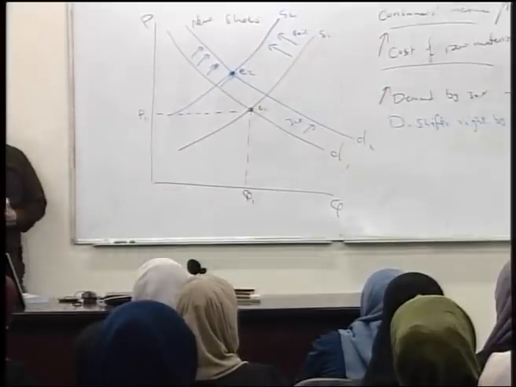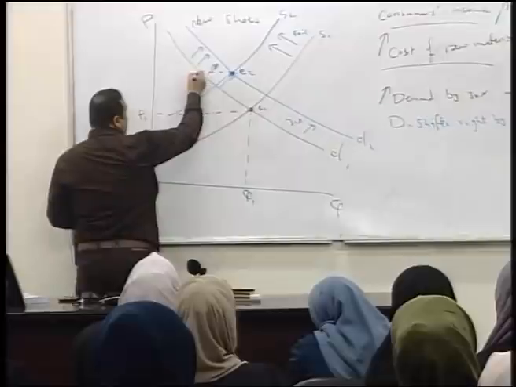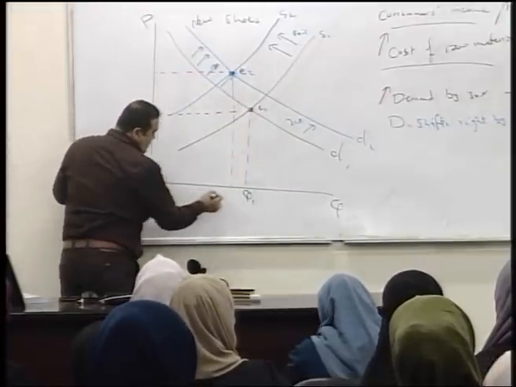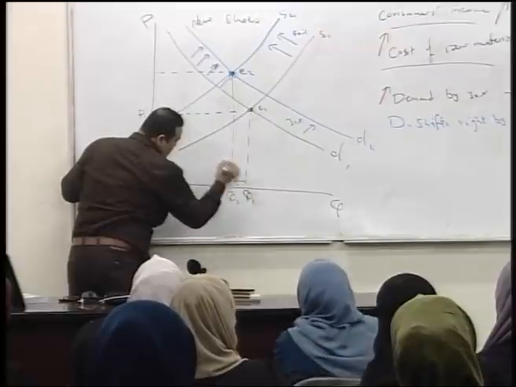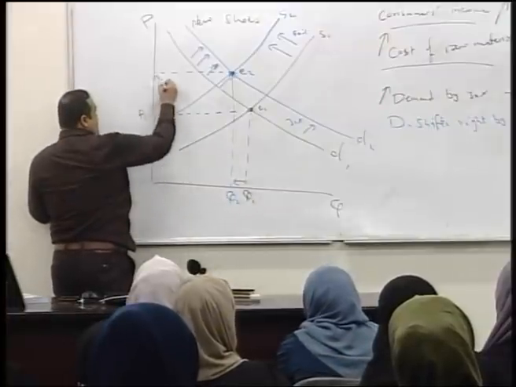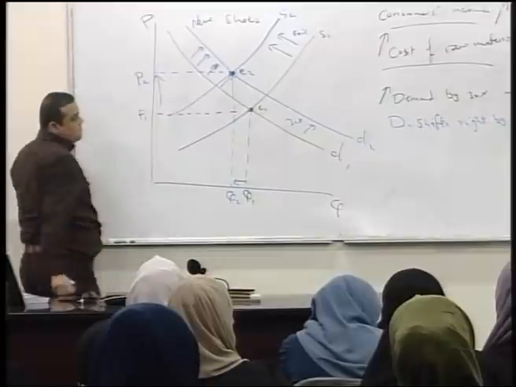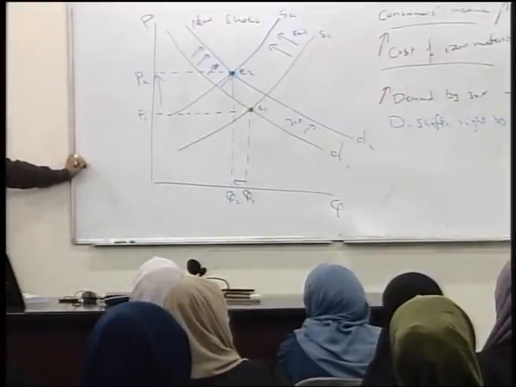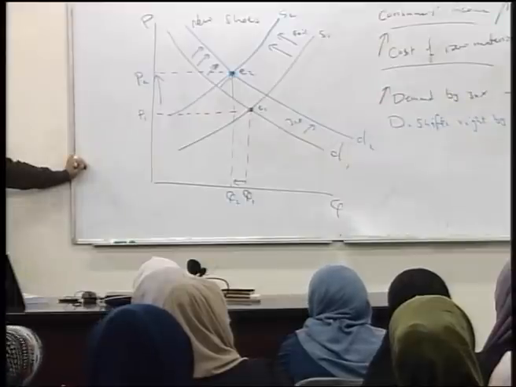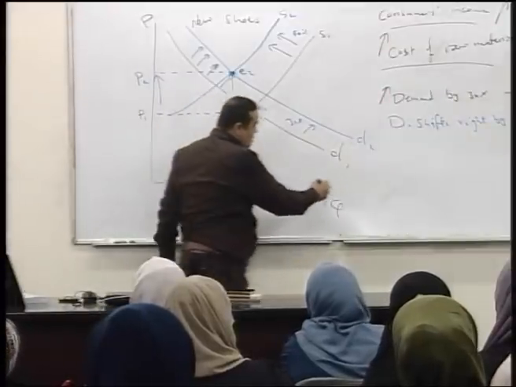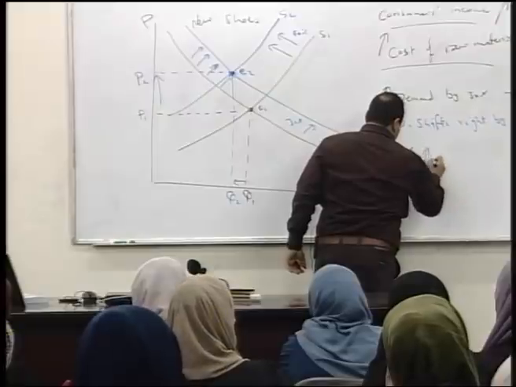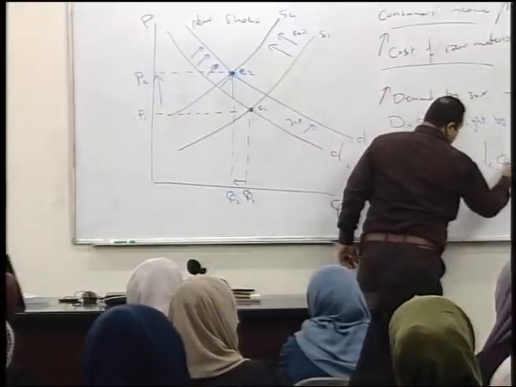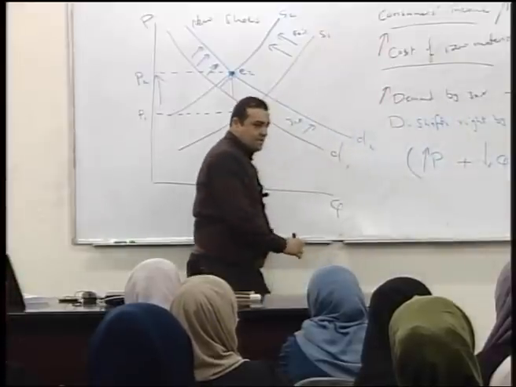Okay? So here we have what? The result will be Q2 declines and the price goes up. So the result will be increasing prices plus a decrease in the equilibrium quantity. This is the result here.